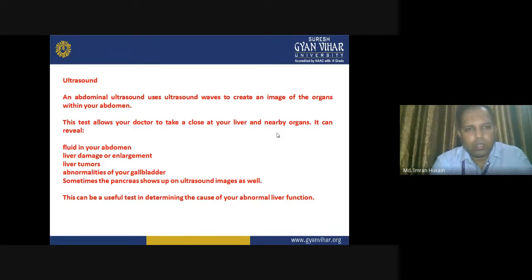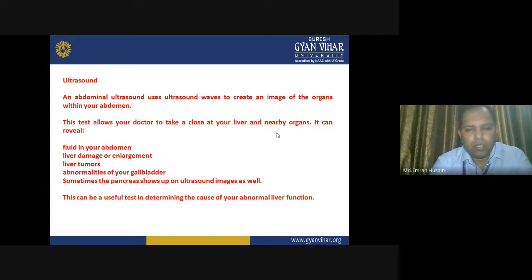So now, ultrasound. An abdominal ultrasound uses ultrasound waves to create an image of the organs within the abdomen. This test allows your doctor to take a close look at your liver and nearby organs. It can reveal the following things: fluid in your abdomen, liver damage or any sort of enlargement, liver tumors, and abnormalities of your gallbladder.